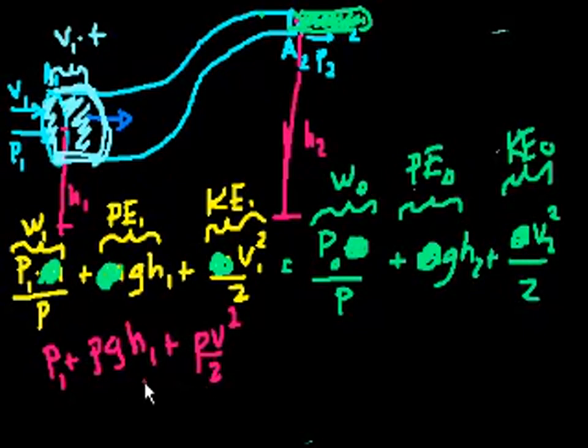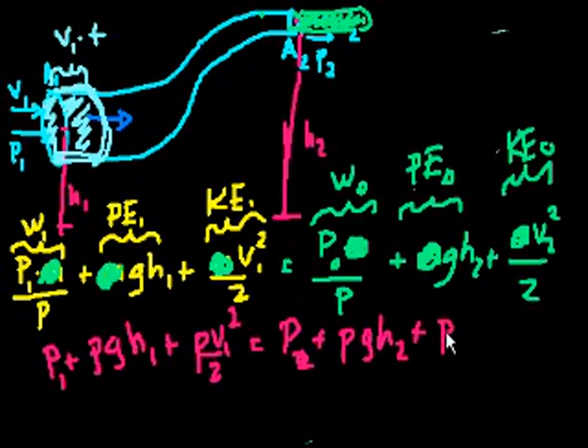This is rho v squared over 2, and this is the input velocity. And that equals the pressure out plus the density times gravity times the output height. Let's make everything consistent. I wrote 2's here, so let me say this is pressure 2, this is height 2, plus rho times the output velocity squared over 2.